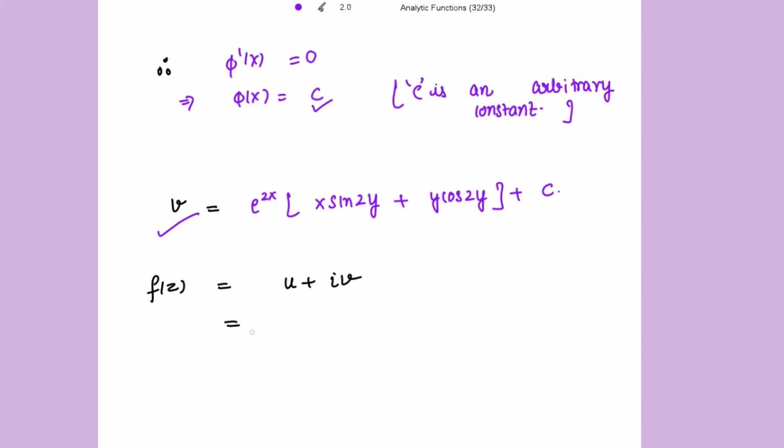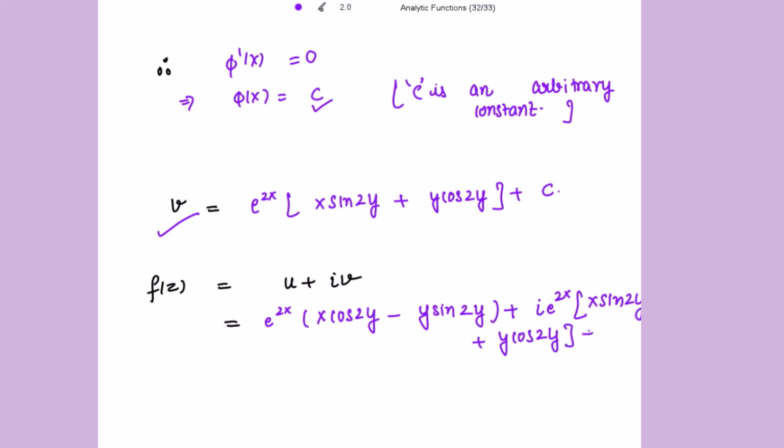So writing f(z) is equal to u plus iv and putting the values of u and v over here, we get our analytic function finally. e^(2x)(x cos 2y − y sin 2y) plus i times this v, that is e^(2x). Let me write like this: i e^(2x)(x sin 2y + y cos 2y) plus iC.